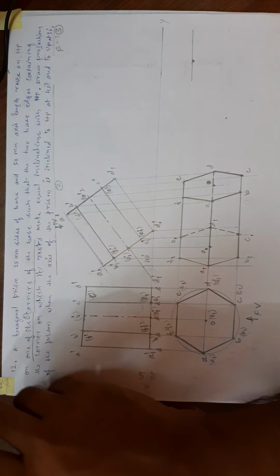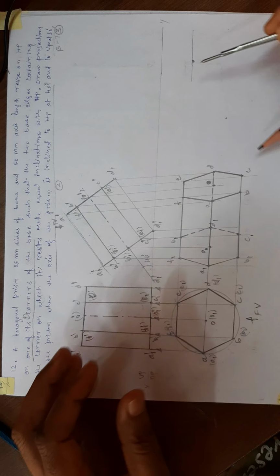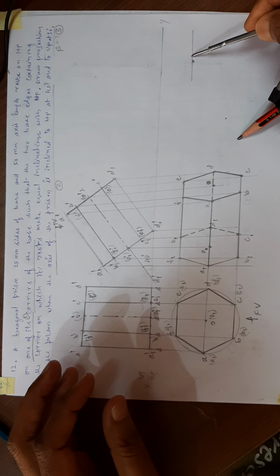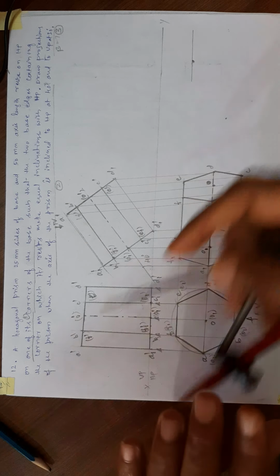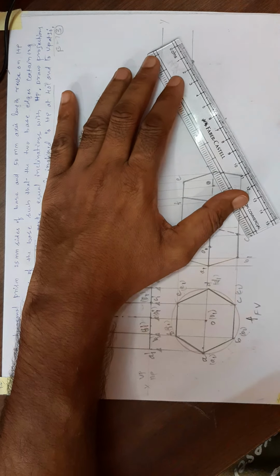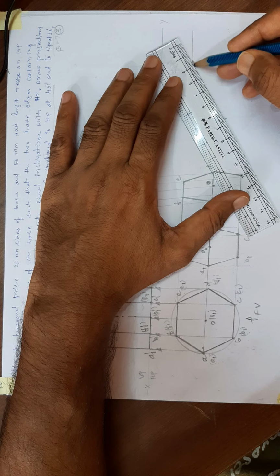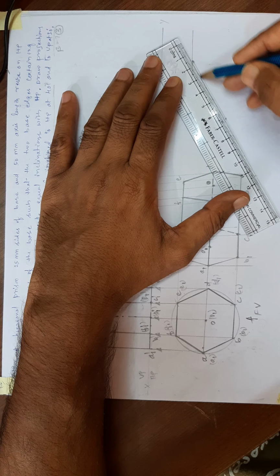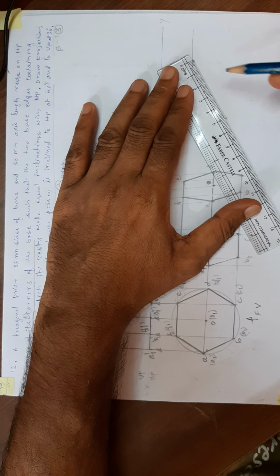You can accommodate this point somewhere here, so draw a line through these two points. Join these two points with a thin line, and extend it.